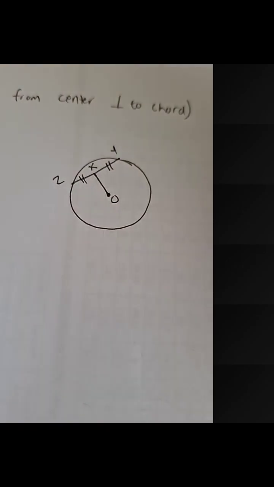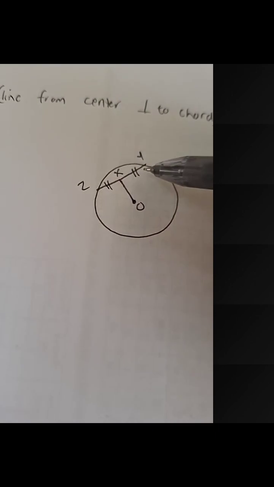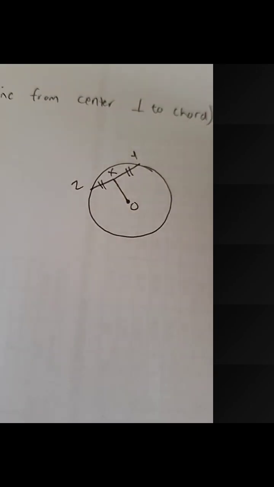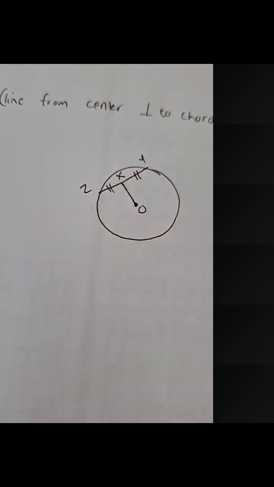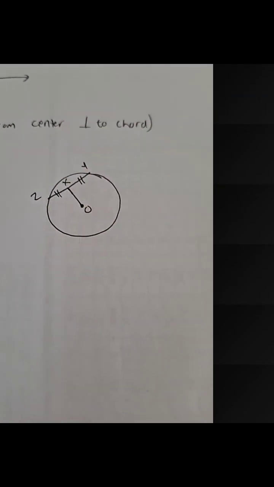So, this theorem has to do with a line from the center to the, look at this, ZX is equal to XY. So this is a line from the center to the midpoint of a chord. What do we know about a line from the center to the midpoint of a chord? What does it do to the chord? It is actually perpendicular to the chord.